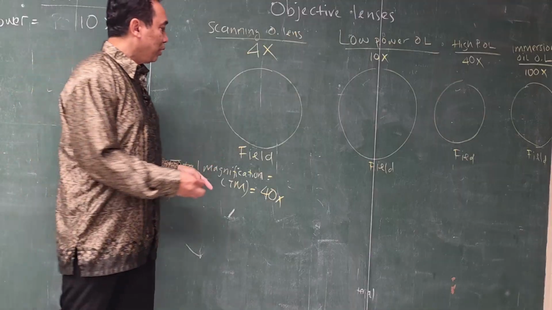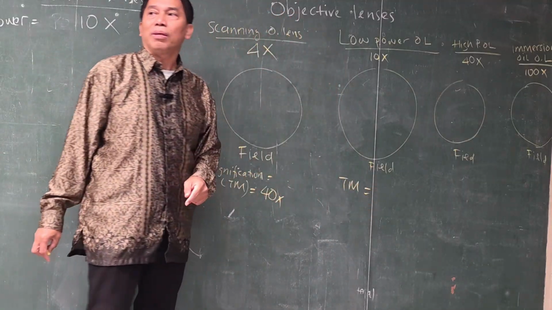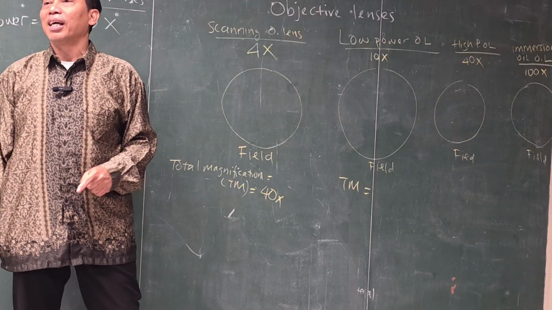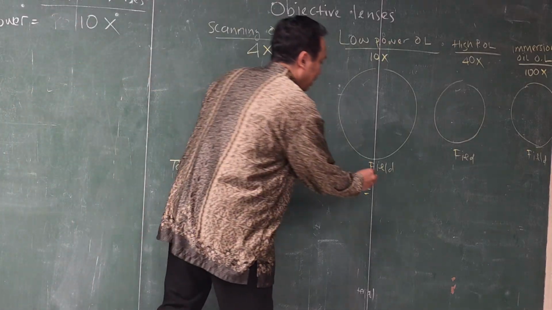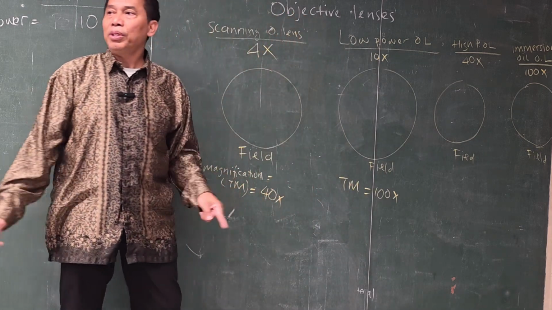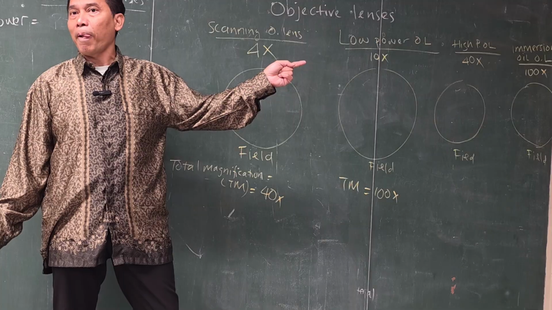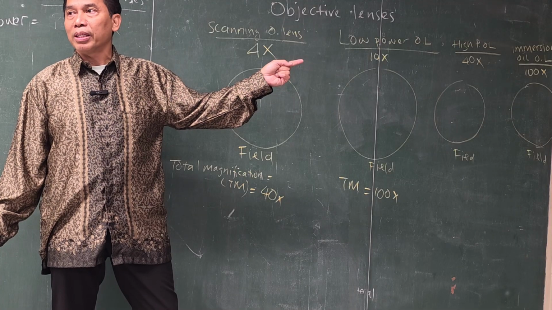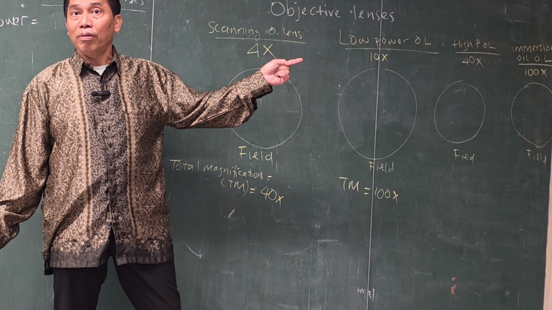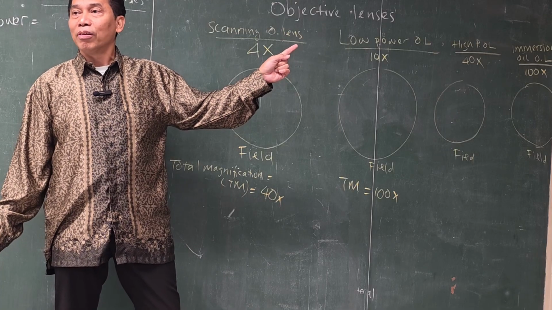What happens if you use the low power? What is the total magnification going to be? 100. 10 times 10. Easy, right? That's easy calculation. What happens if you use the high magnification, high power? 10 times 40? 400.